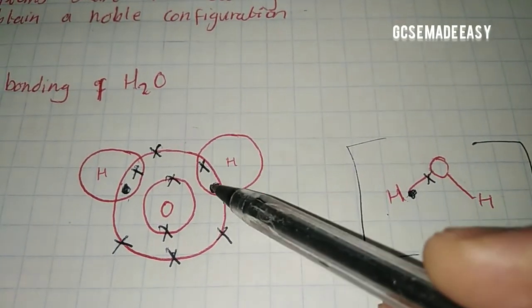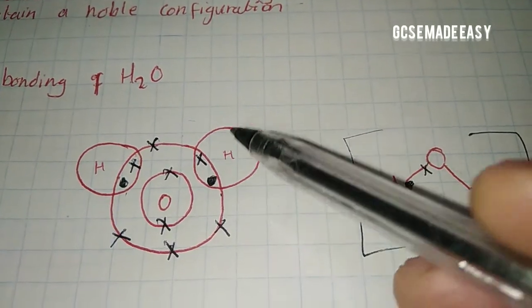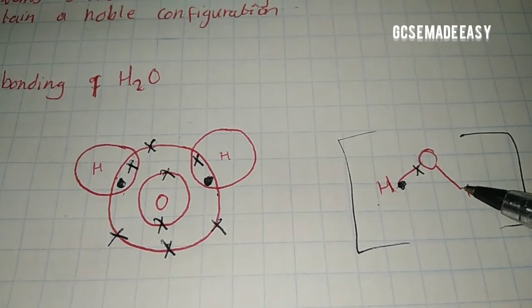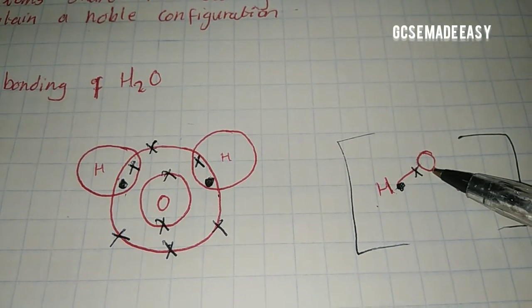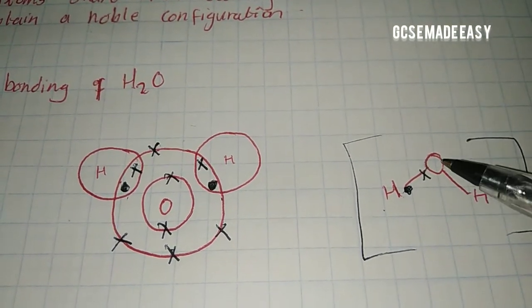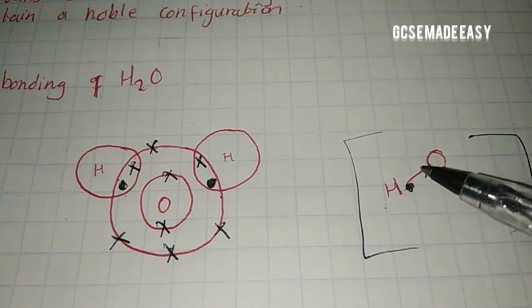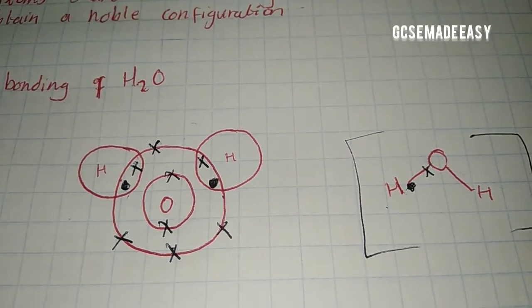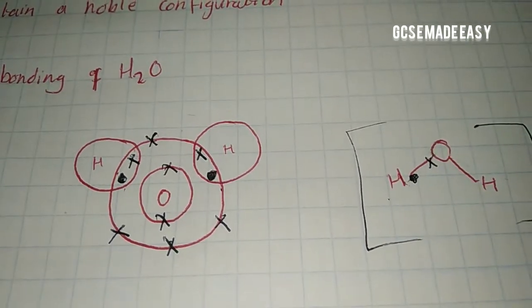That's why it forms a single bond. This line here, we call it a single bond, and it is formed when 2 electrons are shared between 2 atoms. That's the structure for water.